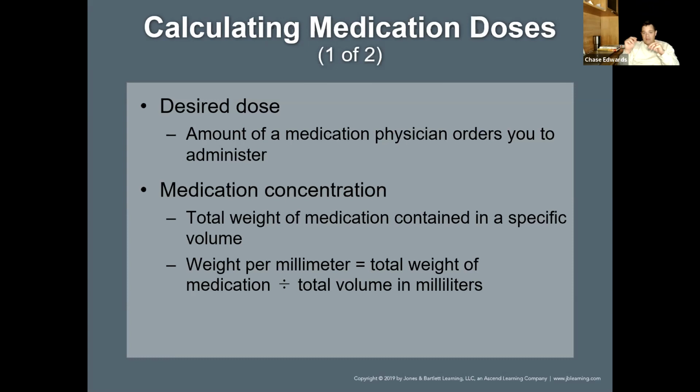So weight per milliliter equals total weight of medication divided by total volume in milliliters. An example would be a drug order for dextrose 25 grams per 50 milliliters. So 25 grams divided by 50 milliliters equals 0.5 grams per milliliter, right?